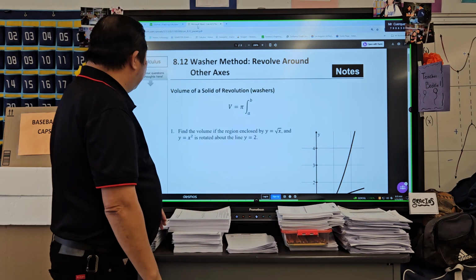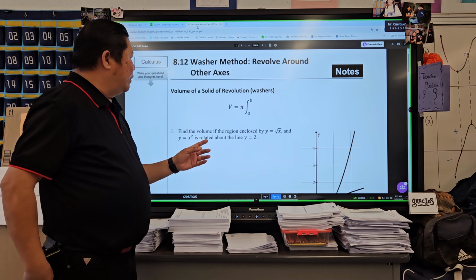So we have the volume of a solid of revolution, or the washer method.